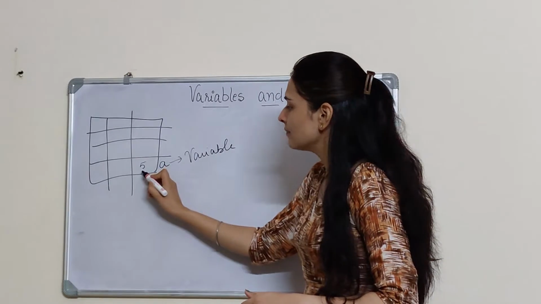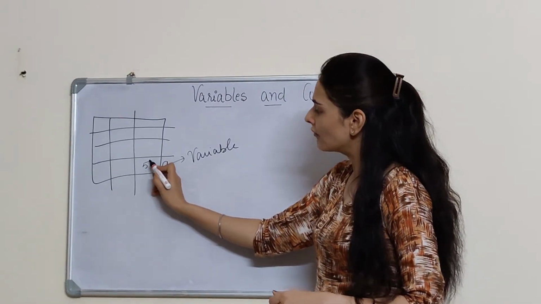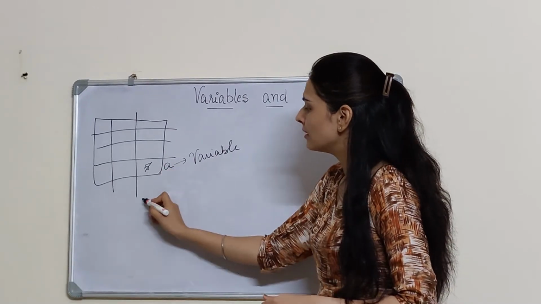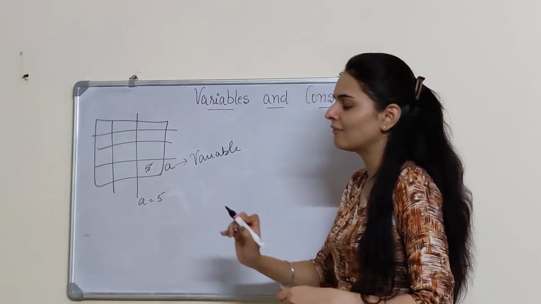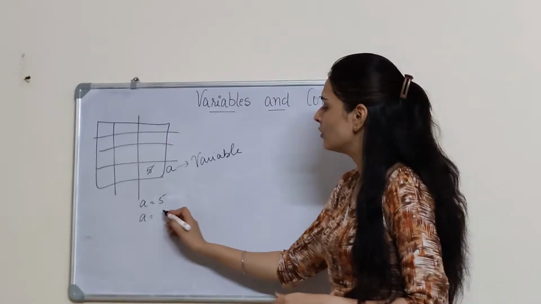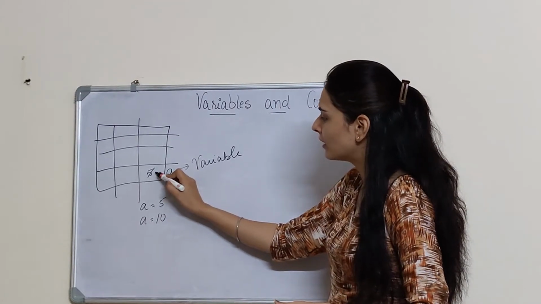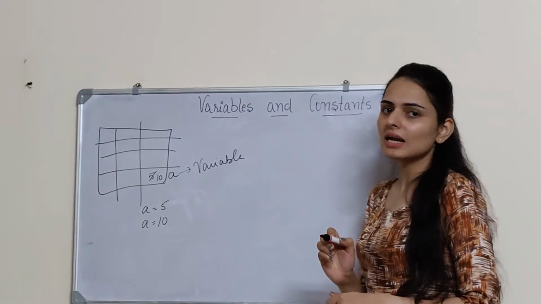Now this value at one particular moment of time, say suppose it is 5. After some computation that value we can change it to 10. Then what will happen? This 5 will be overwritten and that value becomes 10.